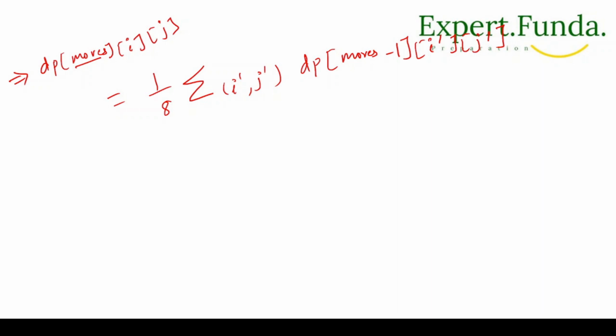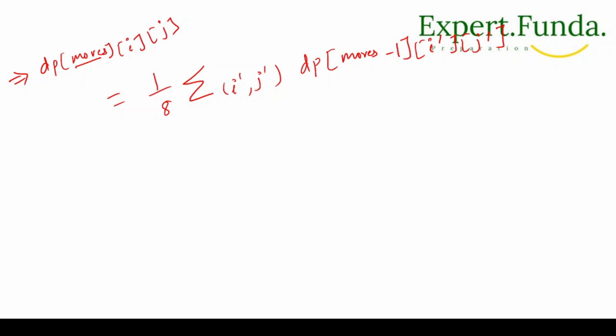Okay, so what we will do, we will define the possible directions for the knight's moves, and we will initialize the dynamic programming table dp with 0. We'll set dp at the starting row and column to 1, representing the starting position of the knight. We will iterate moves from 1 to k, and iterate i from 0 to n minus 1 over the rows on the chessboard.